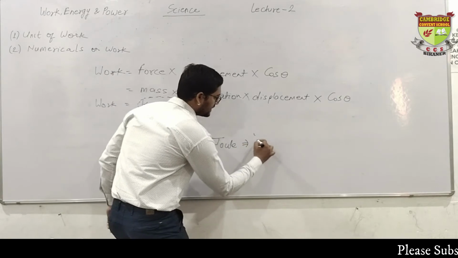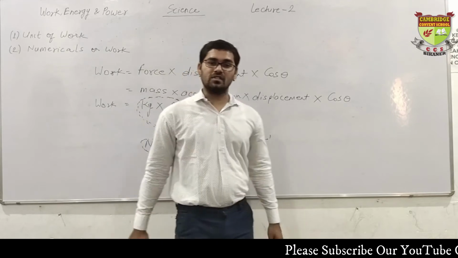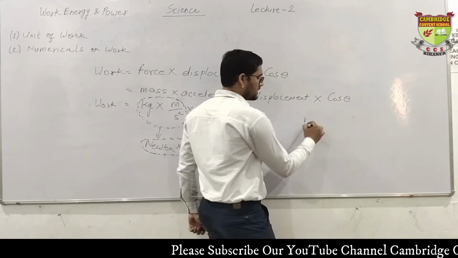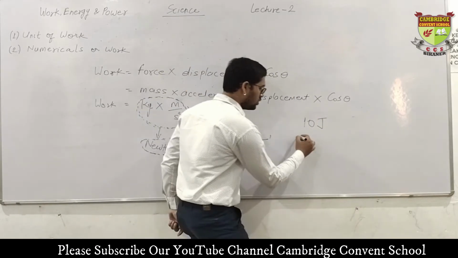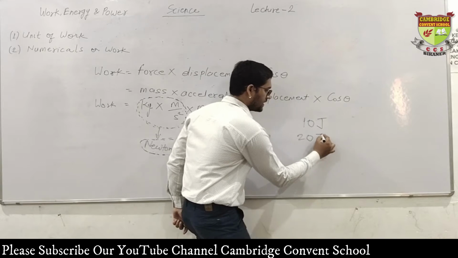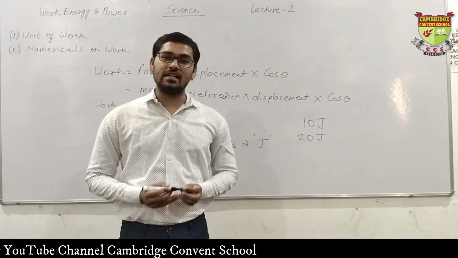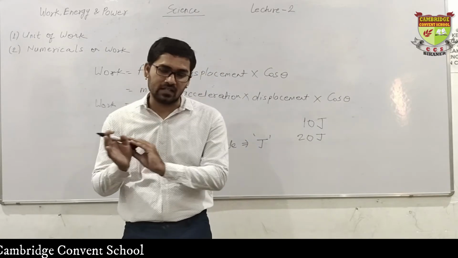It is represented by capital J. Suppose I say I have done 10 joules of work, I will write it like 10 J. 20 joules of work, 20 J, capital J. Clear? So the SI unit, what is SI? System International.